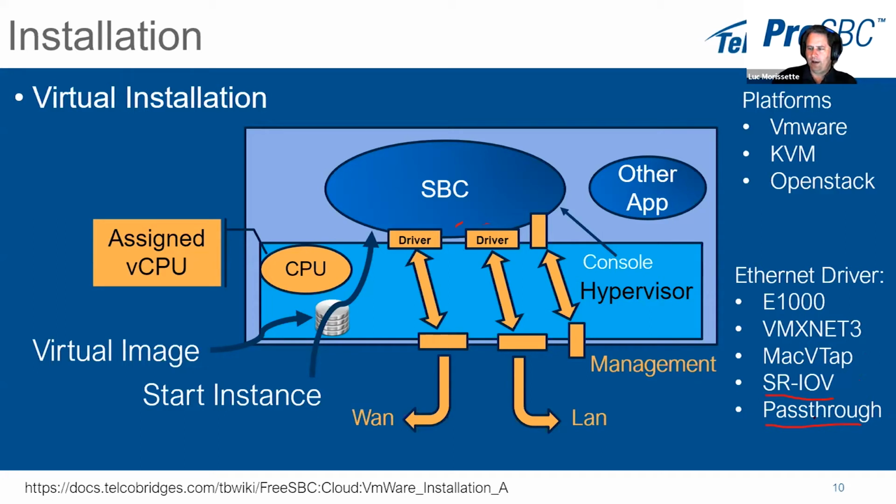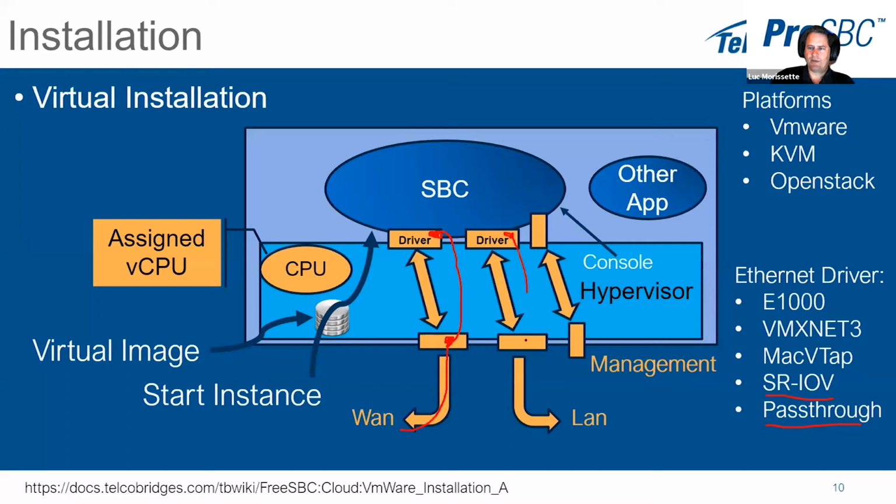What pass-through does is go around the hypervisor and connect directly to the network device. So it bypasses the packet copying that goes on in the hypervisor, and we can reach these physical interfaces directly.